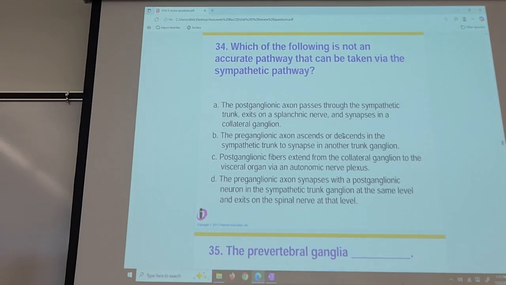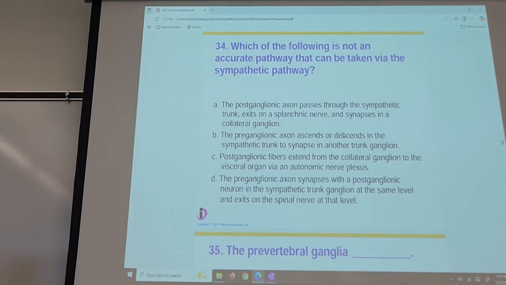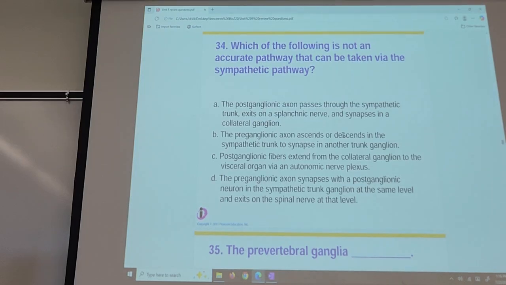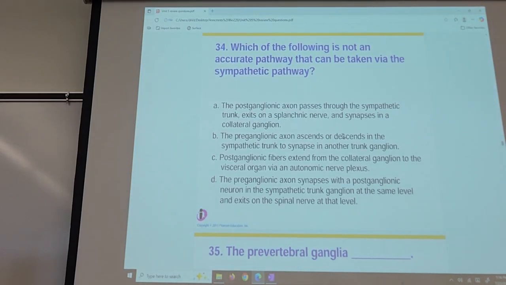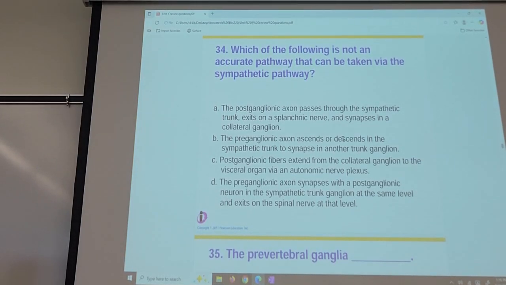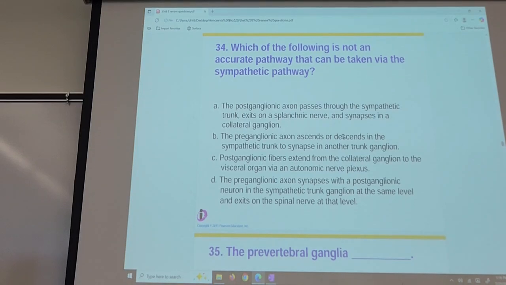C, postganglionic fibers extend from the collateral ganglion to the visceral organ via an autonomic nerve plexus. No. Why? What did we say a nerve plexus supplies? What do nerve plexuses supply in the body? Muscle innervation, but specifically what regions in the body? So we have cervical, brachial, lumbar, and sacral.